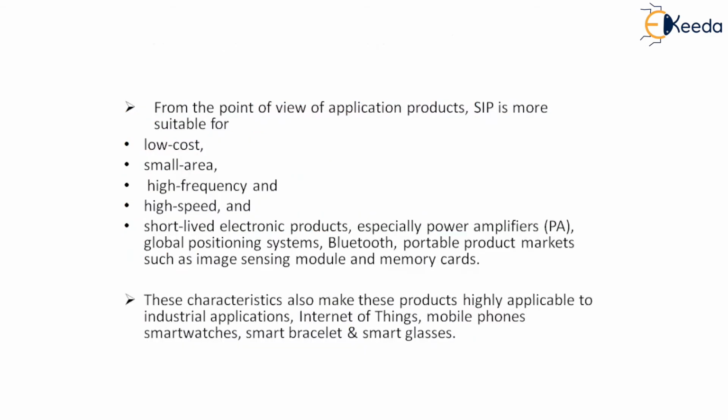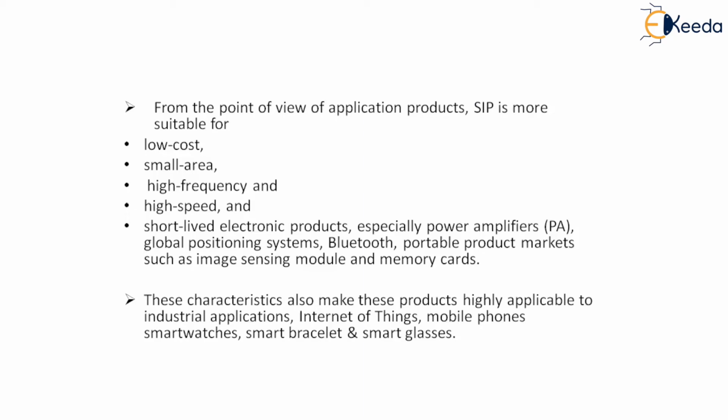Okay, then from the point of view of application products, SIP is more suitable for low cost, small area, high frequency, high speed and short-lived electronic products, which is especially used in power amplifiers, GPS, that is global positioning system, Bluetooth, and portable product markets such as image sensing modules and memory cards.